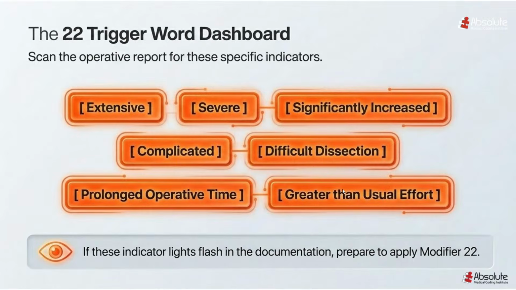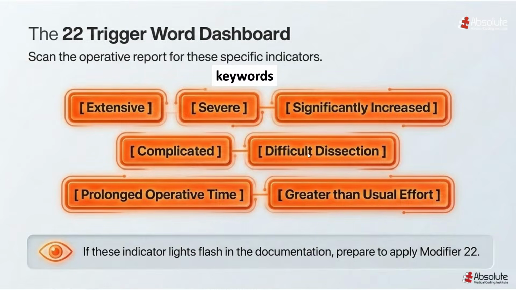And how do you know the provider worked extra hard? Well, those keywords are going to tell you. You're going to see keywords in your documentation saying extensive, severe, significantly increased. This procedure was complicated. It was difficult.